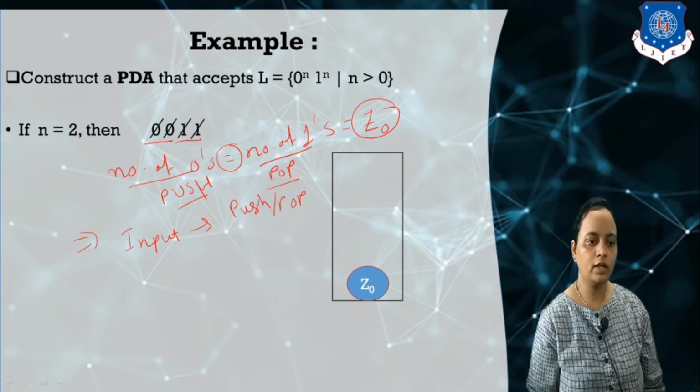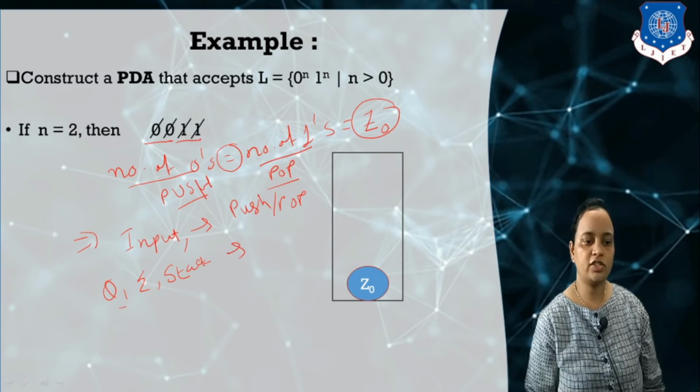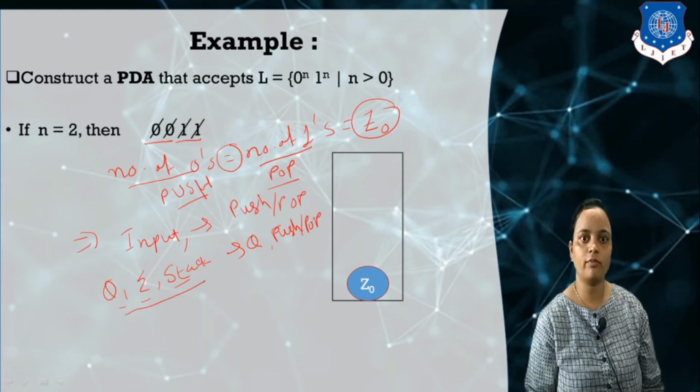Here we have to mention three things: first the state, next sigma, meaning the input alphabet, and then the topmost stack symbol, what it contains. After that, which state we are going to move to, and whether we are performing a push or pop operation. Understand, these three things we have to mention over here.